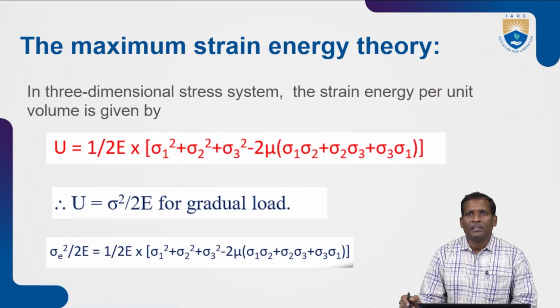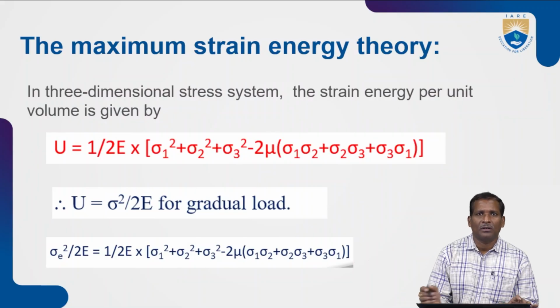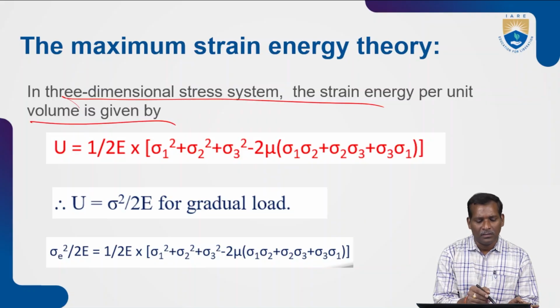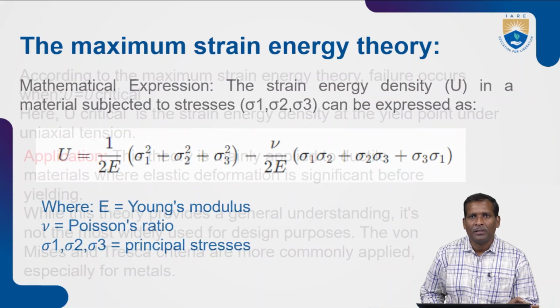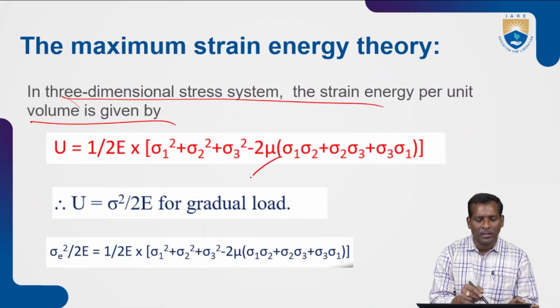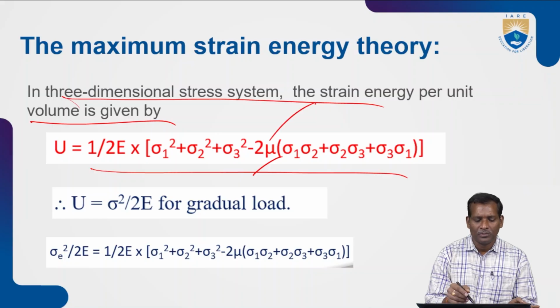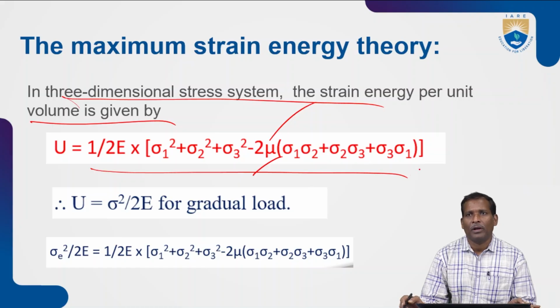In a three-dimensional stress system, the strain energy per unit volume is given by the equation already shown previously. Here, take 1 by 2E common and write the equation: sigma 1 square plus sigma 2 square plus sigma 3 square, minus 2 mu, where mu is Poisson's ratio, times (sigma 1 sigma 2 plus sigma 2 sigma 3 plus sigma 3 sigma 1).